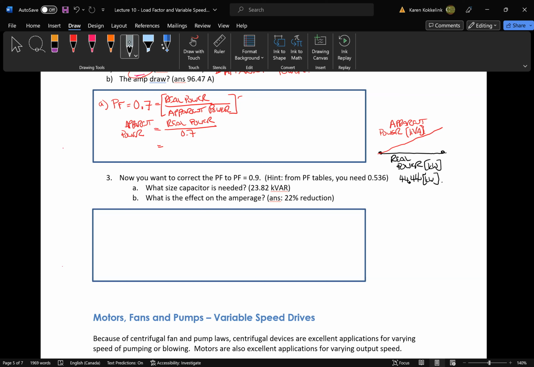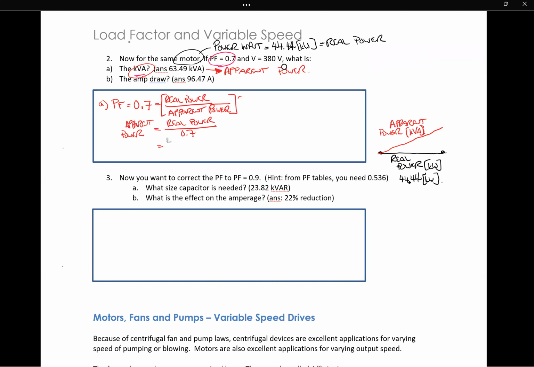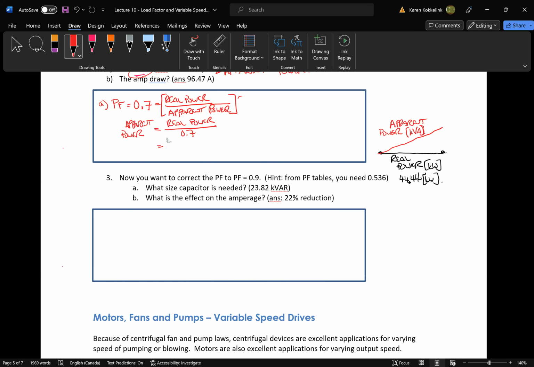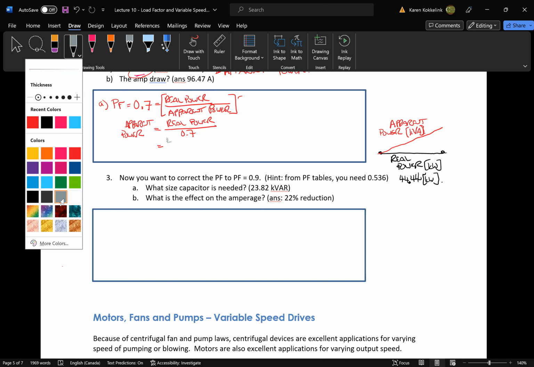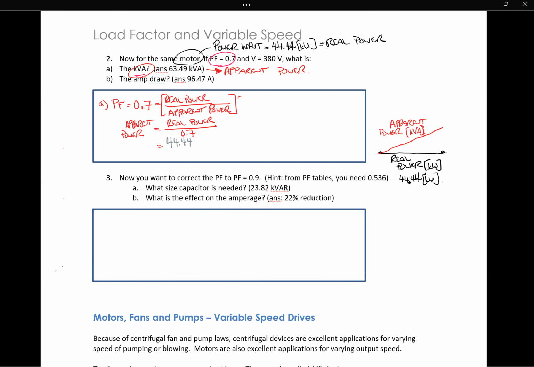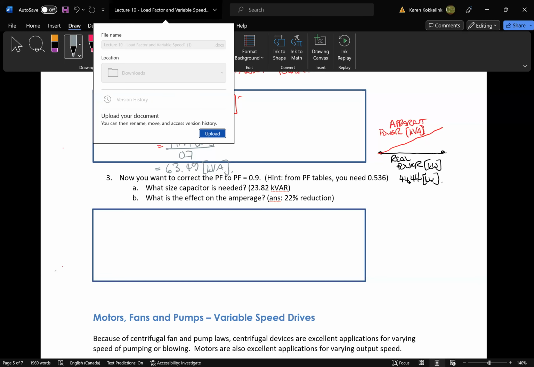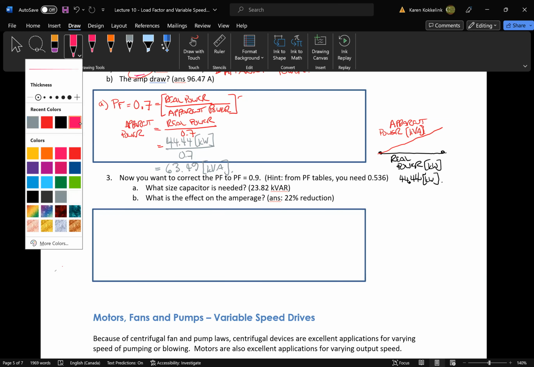You can try that on your own: 44.4 kilowatts over 0.7. Apparent power is then going to be 63.49 kilovolt amps, which is what you're going to require, and you're probably going to get punished for that by the utility in what is called a demand charge, because you didn't do any power factor correction there.